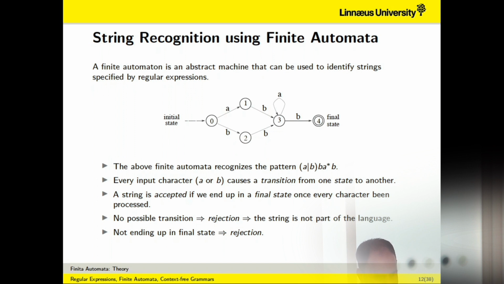A, A, B. So we start with the A. The word you gave us has 2 As and then ends with the B. We get an A, and after the A, you again have the symbol A. But when we start from the initial state 0, we go to the state 1. But after the state 1, we don't have any path that leads with the letter A. It means we cannot go to any state further. So that word is not part of the regular expression defined by this DFA.